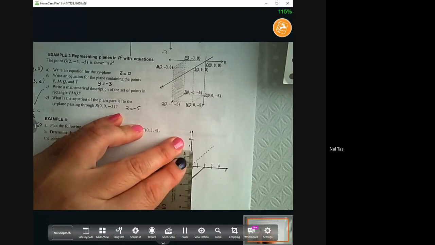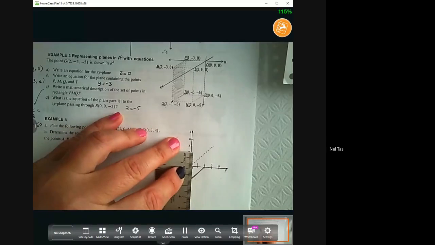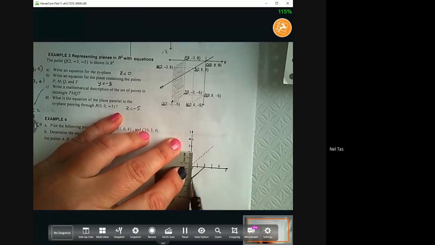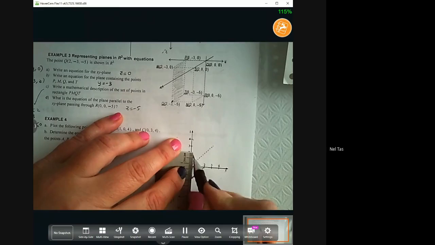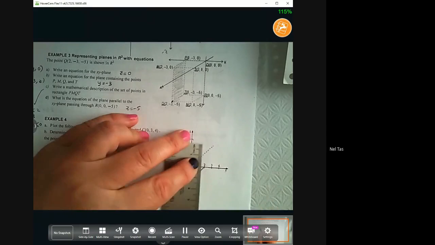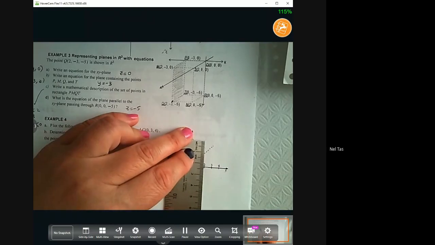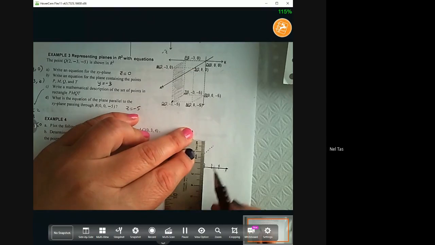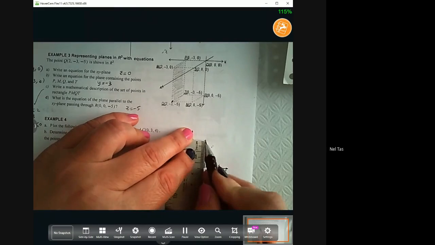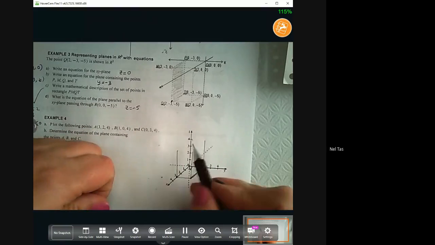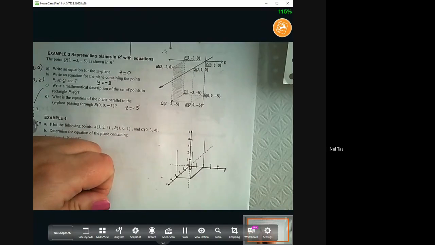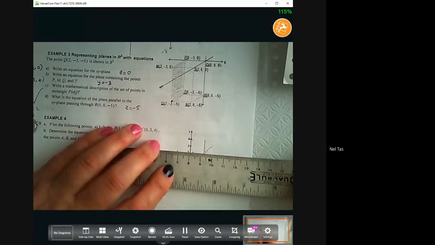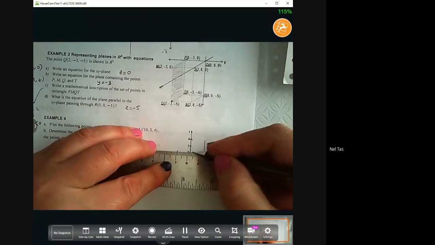I'm going to go from this corner 2.4, and 2.4 from here. And the one point is of course there. So now again, join those points.